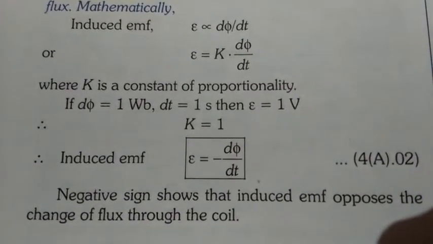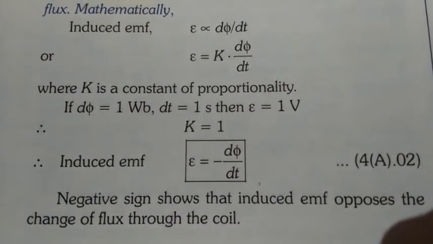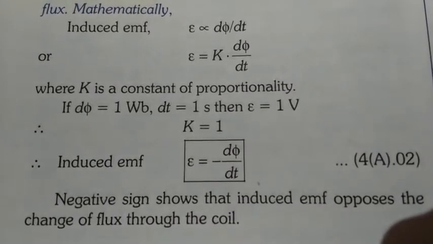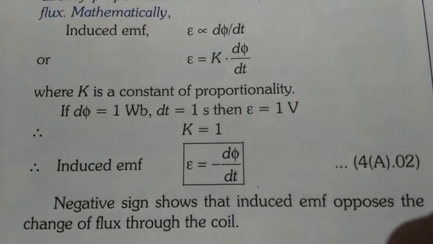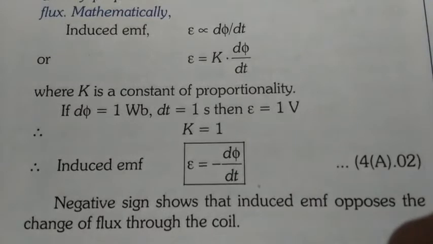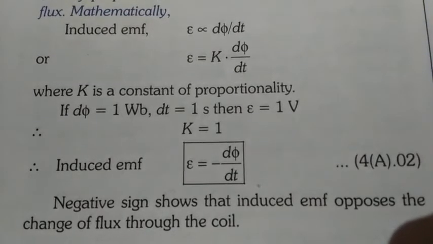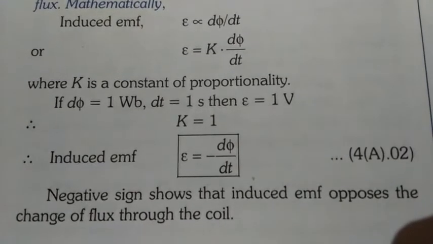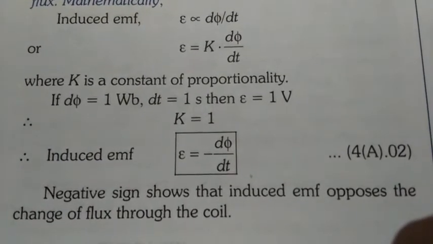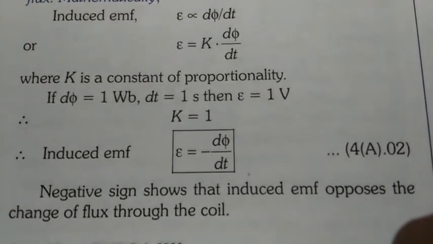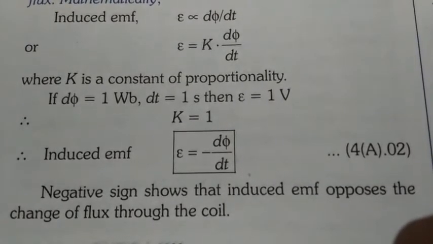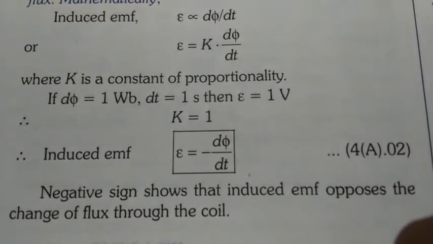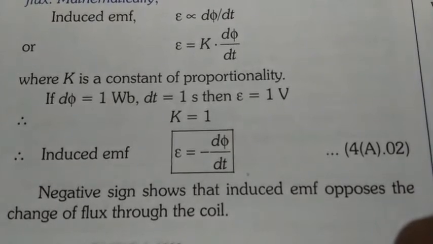So the equation can be written as ε = k dφ/dt. If dφ = 1 Weber, dt = 1 second, and ε = 1 V, then k = 1. So when we take these units, the value of k becomes 1. So this equation can be written as E = −dφ/dt.